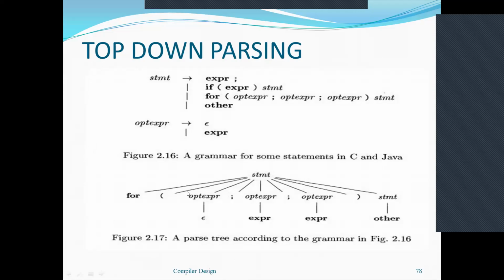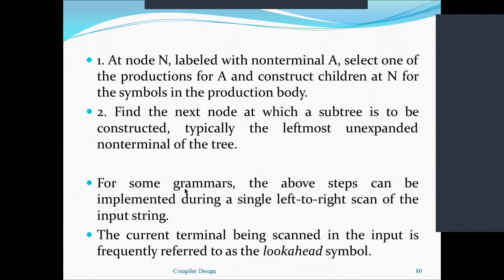And for any interior node, let's say for this one, it also constructed the tree with epsilon as one of its children. And the second task is to find the next node at which a subtree is to be constructed, typically the leftmost unexpanded non-terminal of the tree. So this is how the tree is generated from the code that you have written.